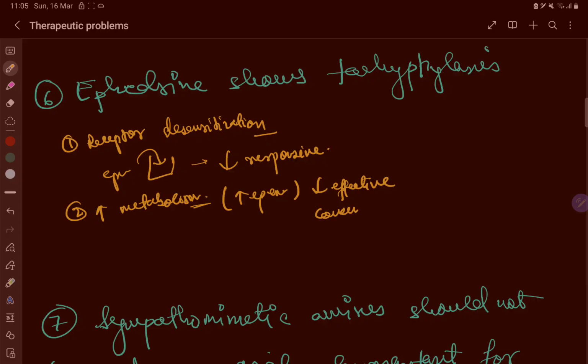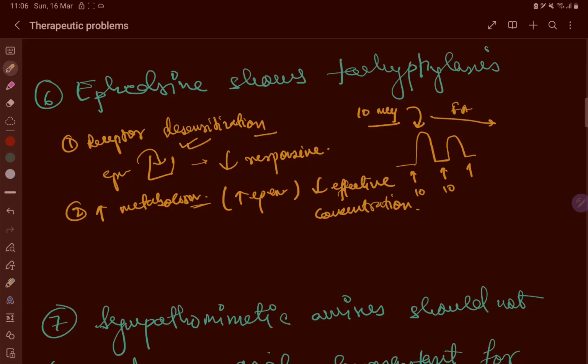effective concentration. Now, what I mean is, suppose 10 micrograms of ephedrine is given and it shows a response. Within 5 minutes, if another 10 micrograms is given, the response will be lesser than the previous one, because of receptor desensitization. This is kind of a fade phenomenon.